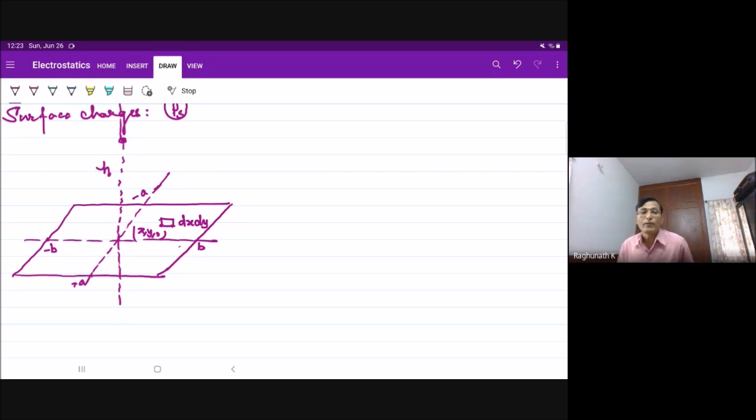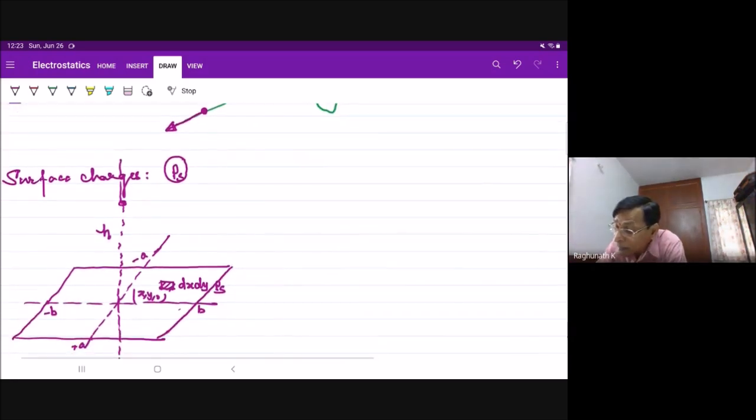Please note this. The charge on that differential surface element is rho s dx dy. I want to calculate the electric field intensity at this particular point, which is at a distance h from the center of it along the z axis, with coordinates 0, 0, h.